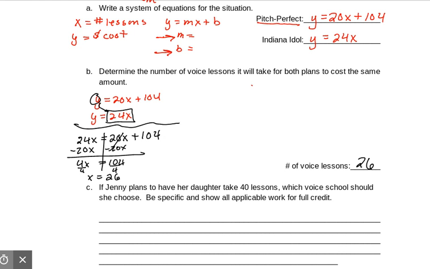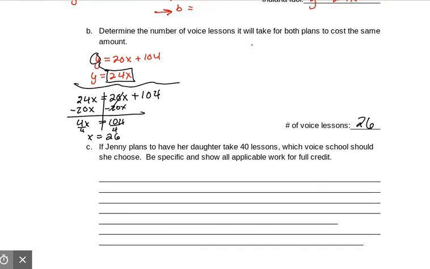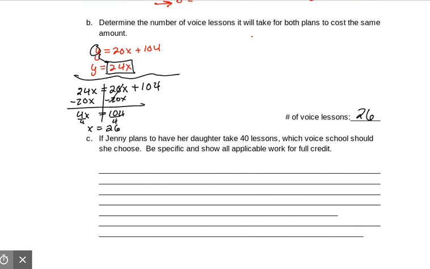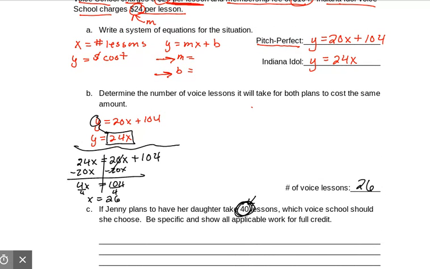I actually have to show some math work to back that up. So one of the first things that I would do is, since we're checking on 40 lessons, I would substitute 40 into its appropriate spot in slope-intercept form. And what I have to remember is that the x is our number of lessons.